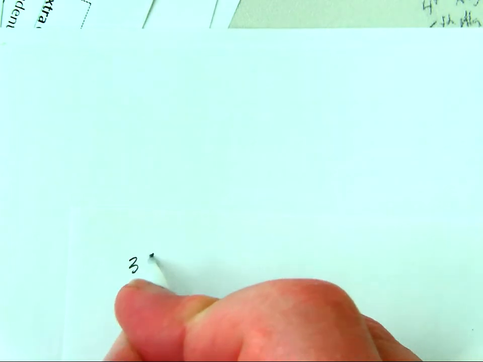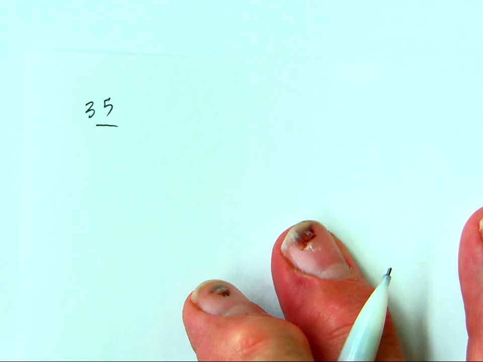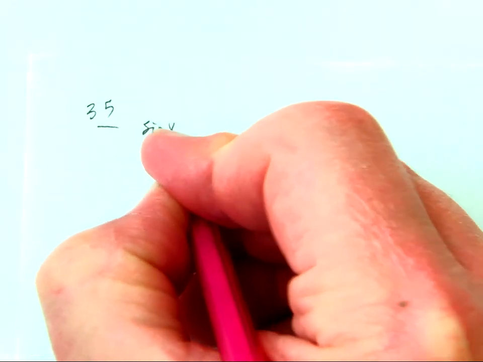If we go to 35, I can see what's going on here. So if I put 35, let's see, 35 says sine x cosine x equals 1/4.